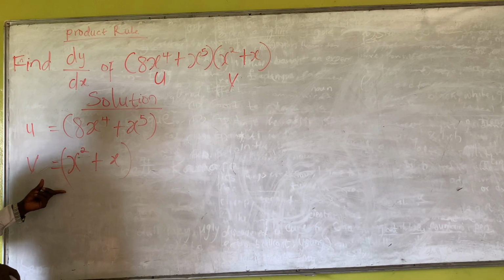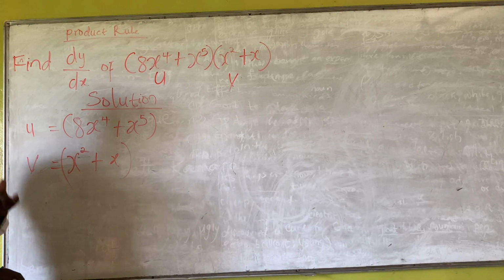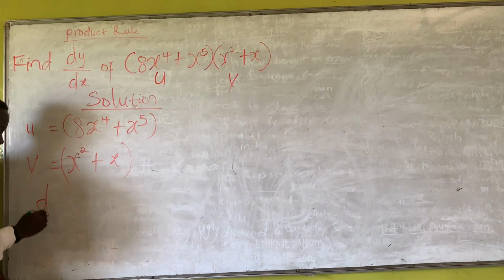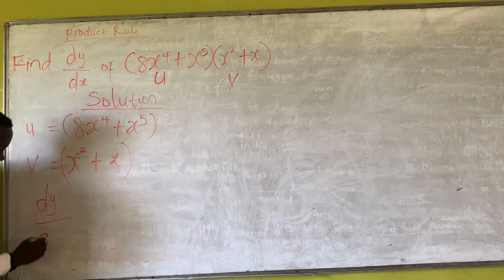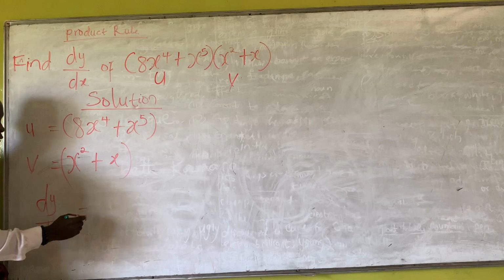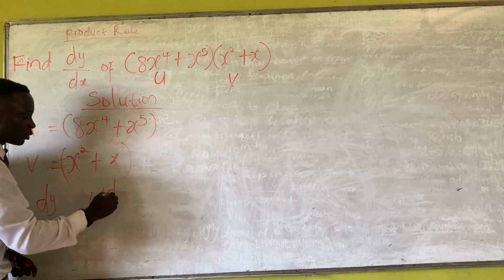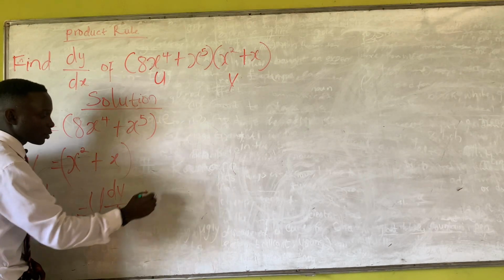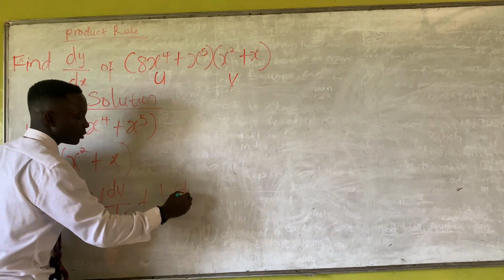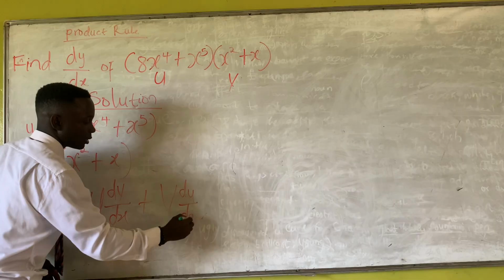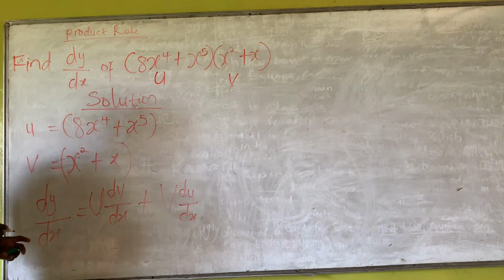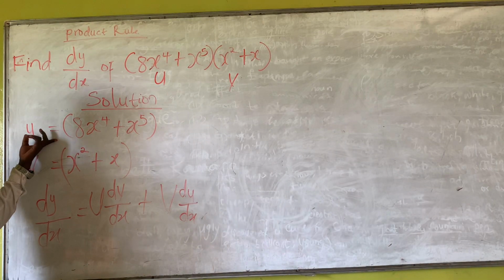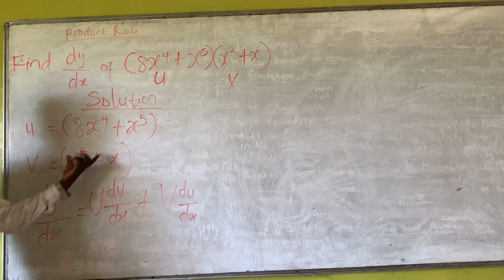Recall the product rule formula. From the product rule, we established that dy/dx is equal to u dv/dx plus v du/dx. Since we have our u as this, in place of u you can simply put this.